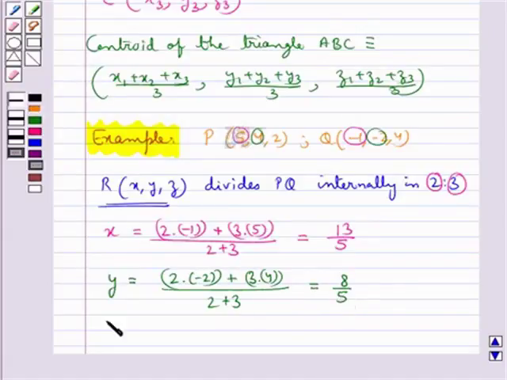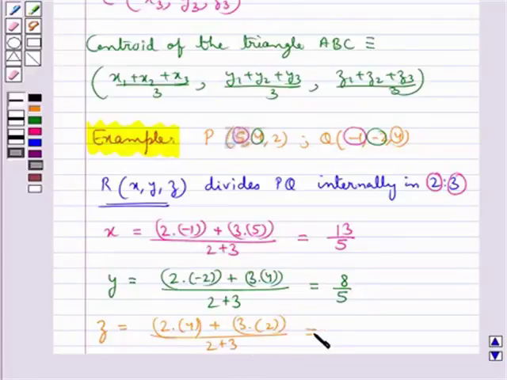Then we have the z coordinate would be equal to mz2, that is 2 into 4, plus nz1, that is 3 into 2 upon m plus n.